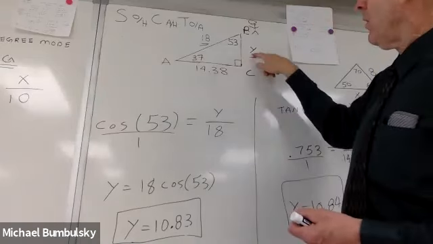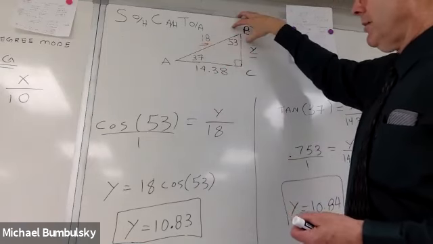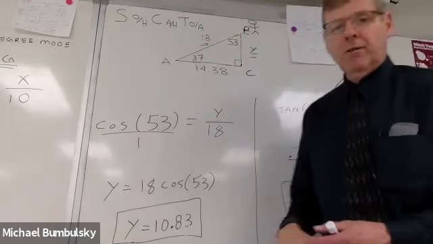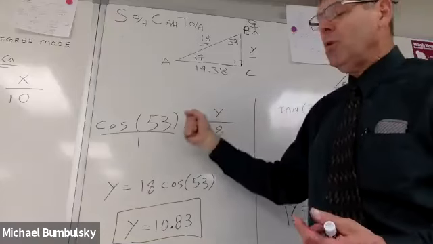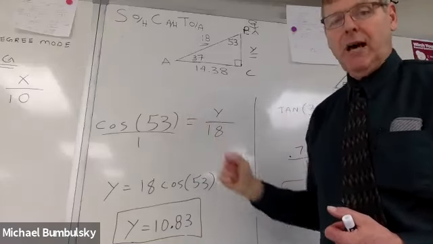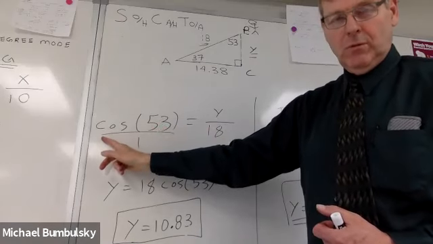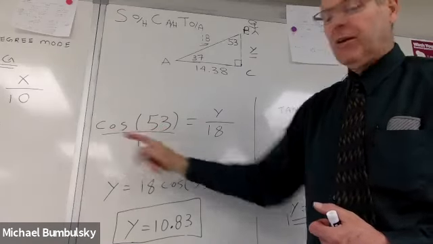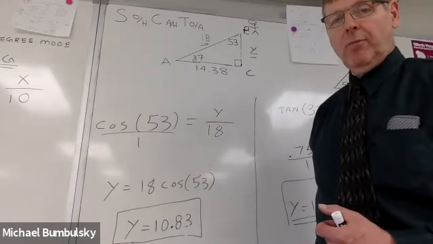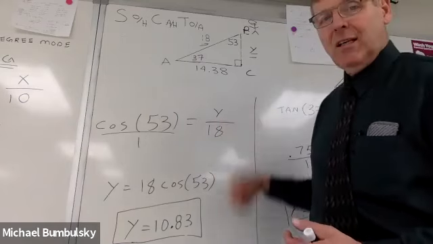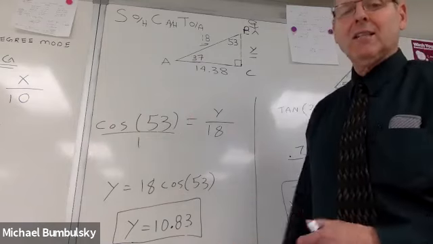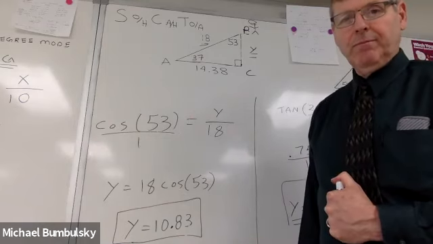And then you can go ahead and set the problem up and solve it. So the nice thing is you do it the same way every time. The only thing that changes is where you're standing, what function you're using, sine, cosine, or tangent, and set your ratio up. But once you understand this technique, you do it the exact same way every time, okay?